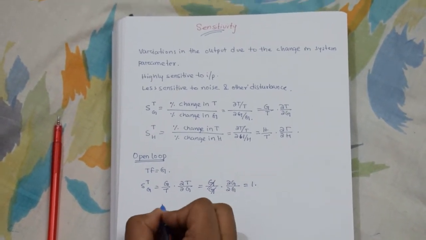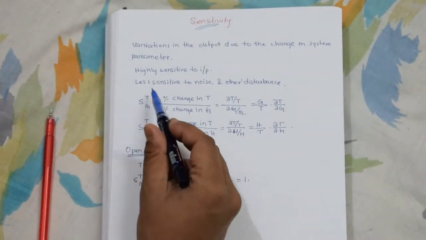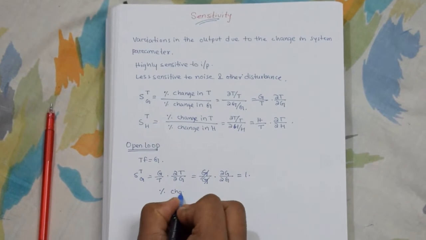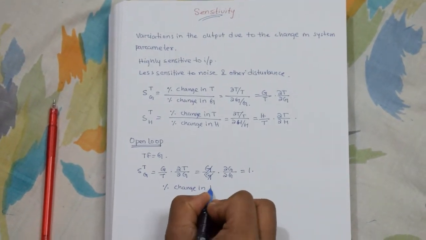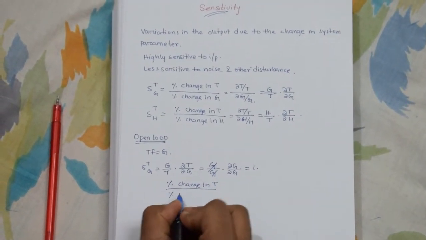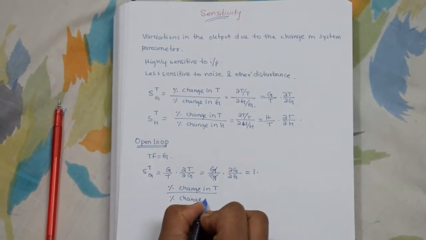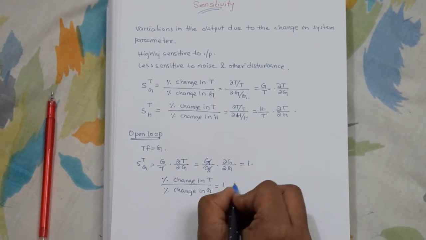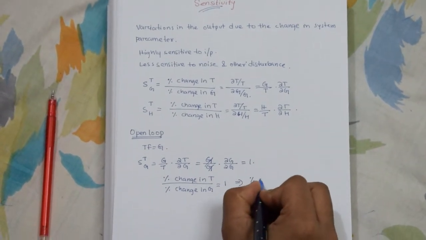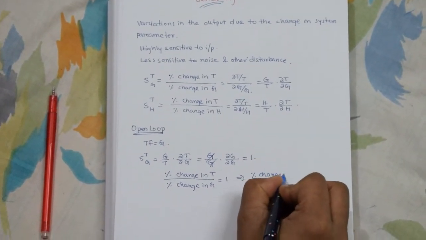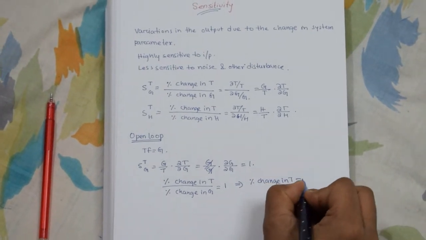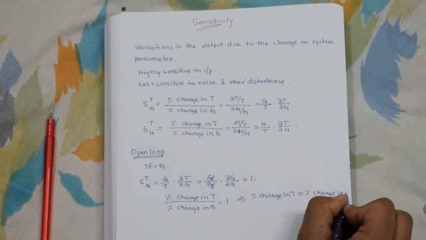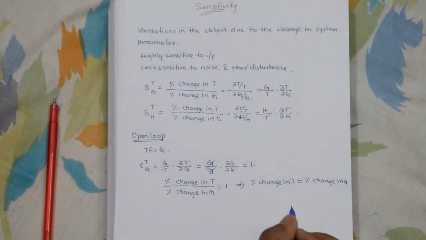Now what do we know about the sensitivity of transfer function with respect to G? It is percentage change in transfer function by percentage change in G equal to 1. So we can say that the percentage change in transfer function equals the percentage change in G. What does it mean?